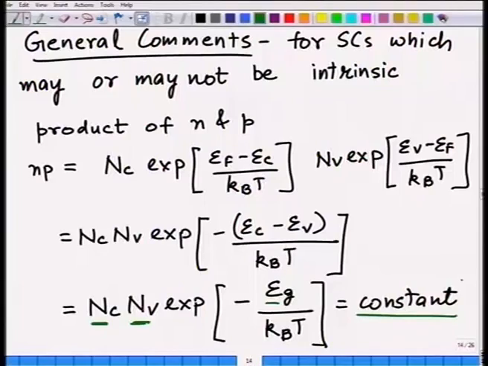That means, semiconductor may be intrinsic or may not be intrinsic, it does not matter, for all semiconductors as long as they are non-degenerate, this product np must be constant. As long as I know this constant, I need to determine only one of them. I can determine n, then immediately, since product np is constant, I can determine what p is. If we know p, then we can immediately determine what n is.